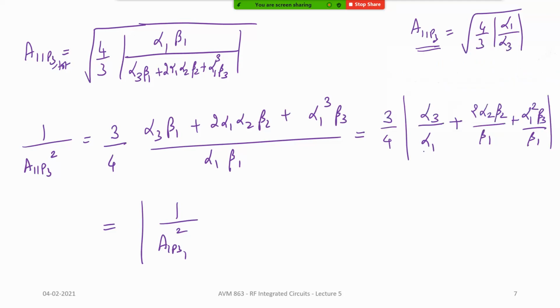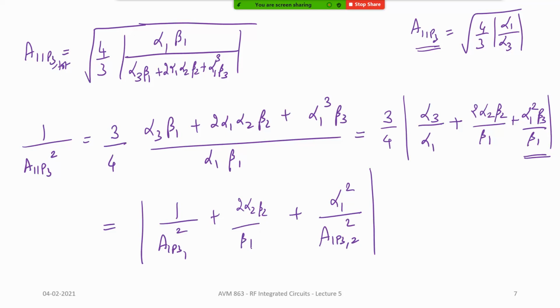Here you have the whole thing inverted without the square root, so this is nothing but 1 by this thing. And in the same way, if you look at this third term, what can you say? This is nothing but alpha 1 squared divided by AIP3 2 squared, correct? And then of course you have the 2 alpha 2 beta 2 by beta 1.